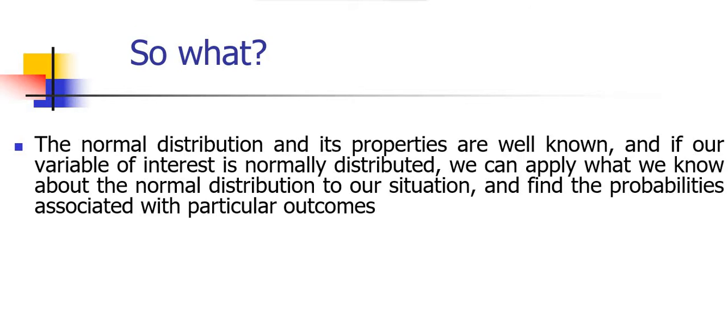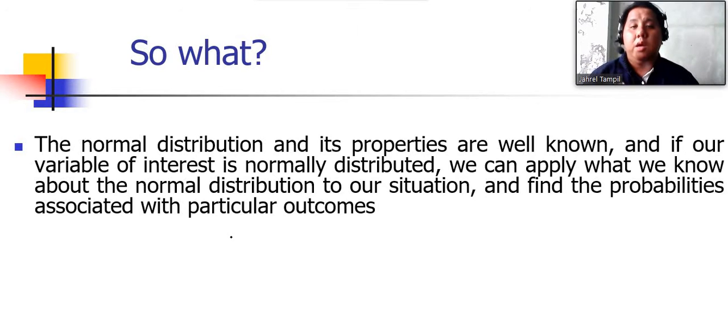The normal distribution and its properties are well known, and if our variable of interest is normally distributed, we can apply what we know about the normal distribution to our situation and find the probabilities associated with particular outcomes. Most, if not all, of the variables would usually be normally distributed or assumed to be normally distributed.